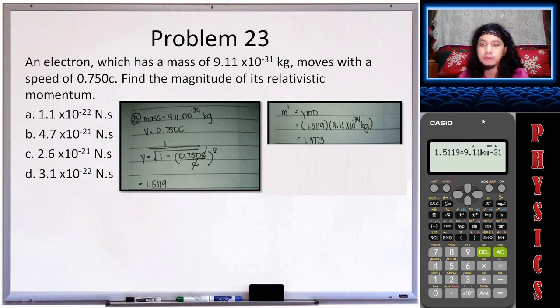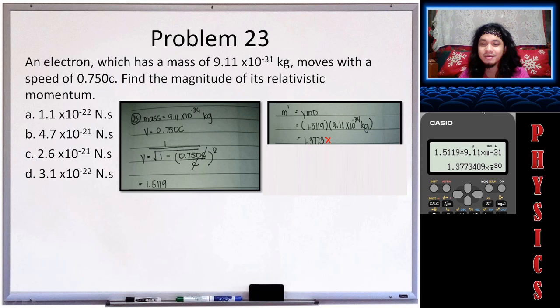Lagi na lang tayo nagkukulang, guys. Ayan, equals 1.3773. Tama, ano? May kulang talaga dito sa nakasulat. Lagi na lang nagkukulang. Kailan ba tayo magiging sapat? Times 10 to the negative 31. Yan. So, ganda-ganda. Ang hirap-hirap magsulat.